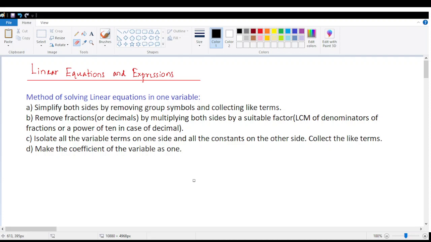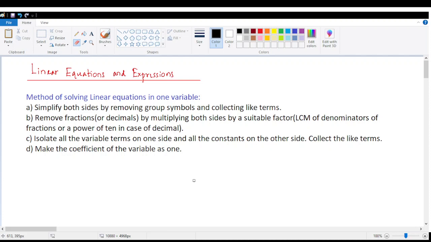Point number 3, isolate all the variable terms on one side and all the constants on the other side, and collect the like terms. So we have to isolate all the terms containing the variables on one side, and all the constants, the numericals, on the other side, right? Now if a variable is in combination, meaning a product with another numerical, you are not going to separate them.